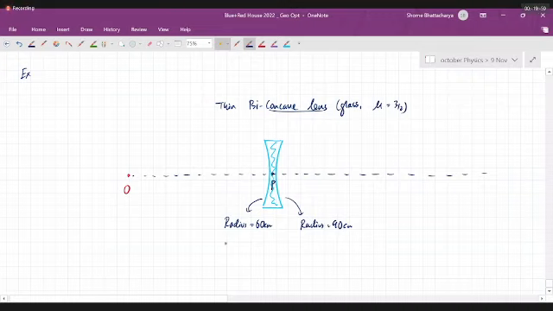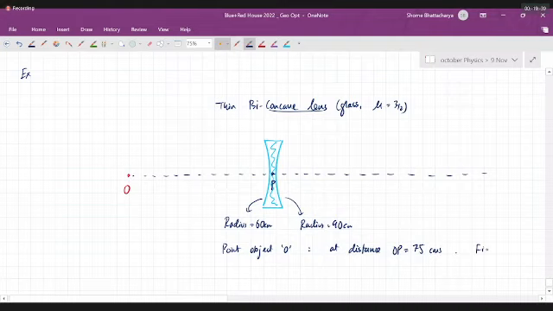So if the point object O is at distance OP equal to, let's say, 75 centimeters, we want to find the position of the final image.